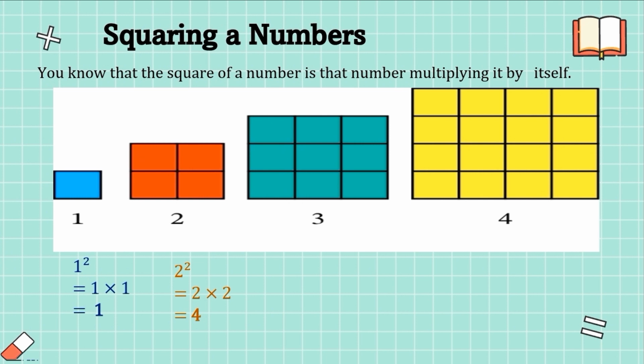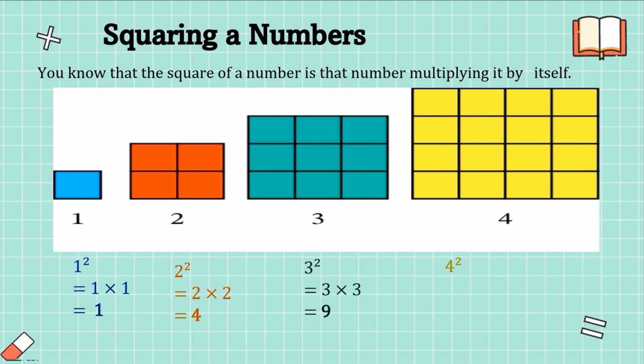Now, let's move on to number 3. As you can see, we have a side length of 3 that we can square. So, it's written 3 squared. Multiply by itself, 3 times 3 is equal to 9. So, the square of 3 is 9. Last example, number 4. We have here a side length of 4, then square the side length. It gives us 4 squared.